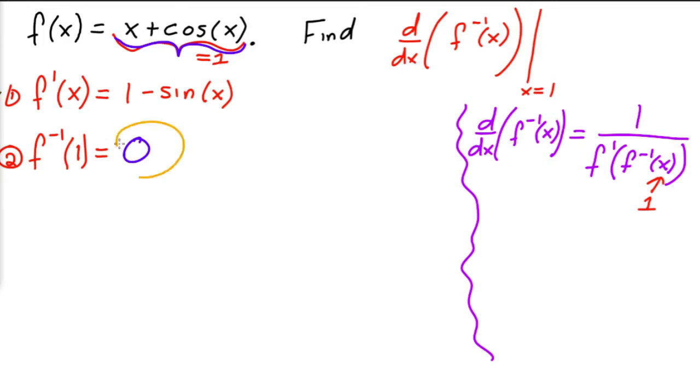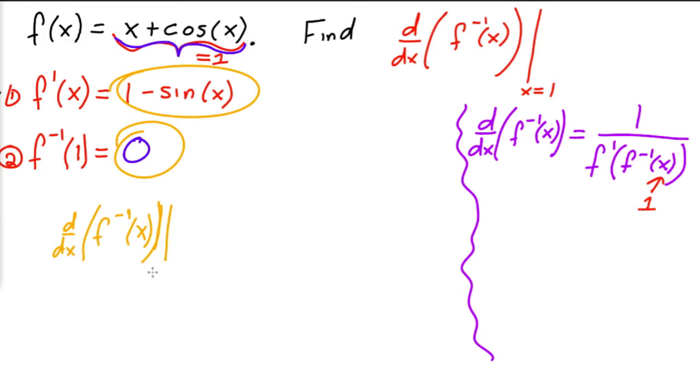Okay, so I've got these two guys. So then I've got that the derivative of f inverse of x evaluated at 1 is equal to 1 over f prime. Let me do it in two steps.